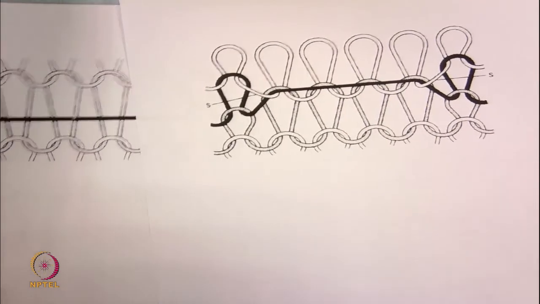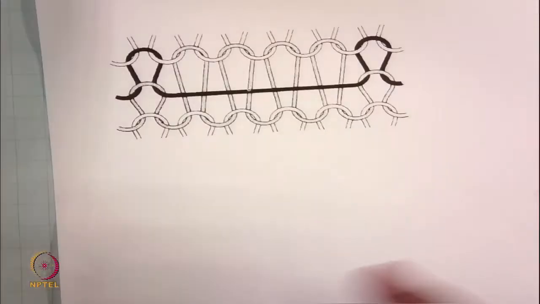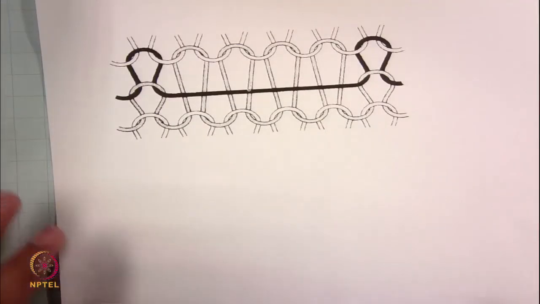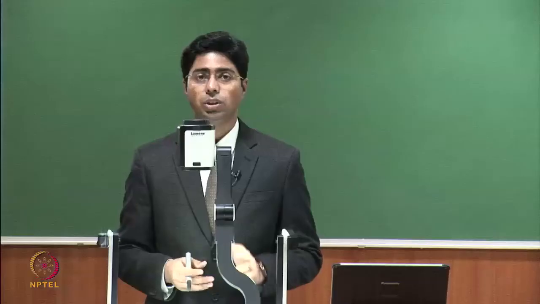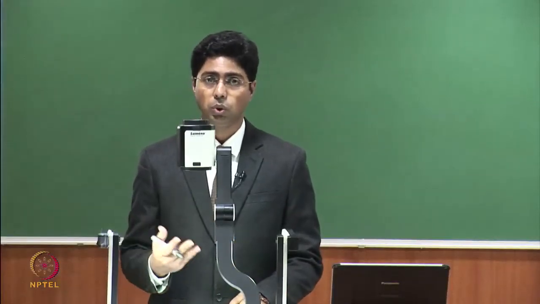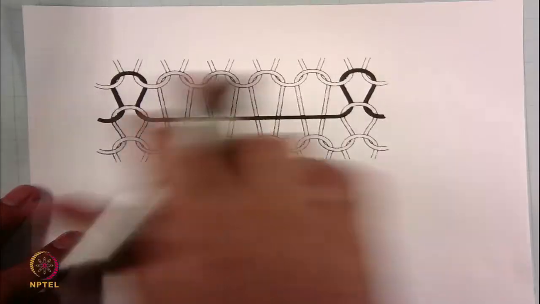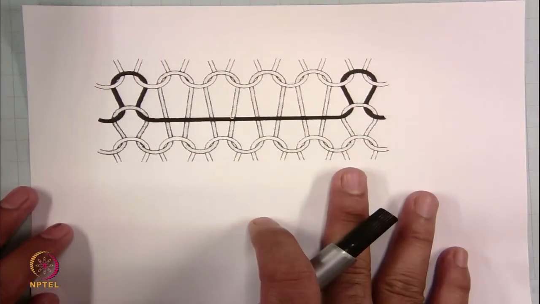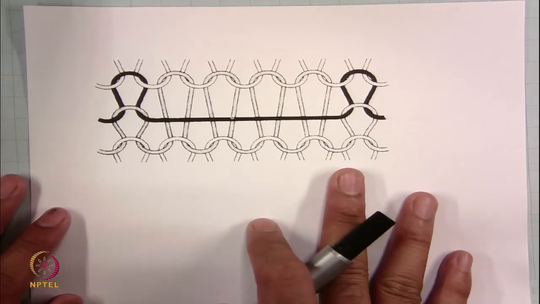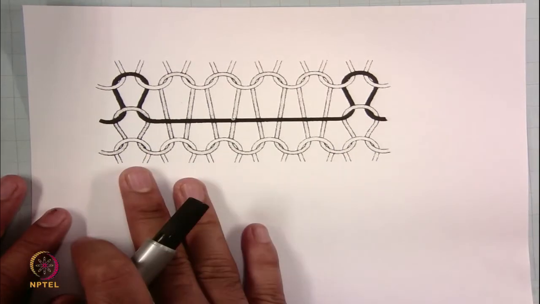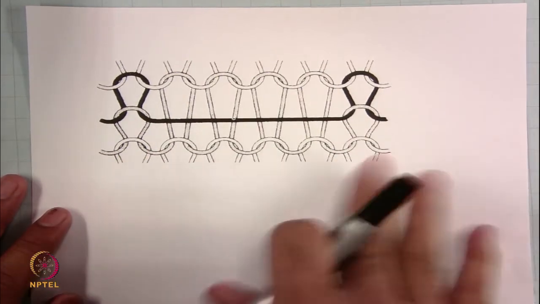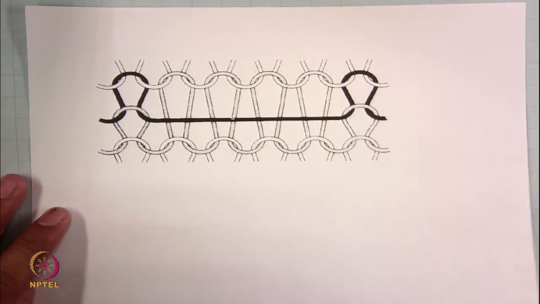In the last lecture you have seen two examples where just one float was created by a needle. In some fabric structures the number of needles making floats may be more than 1, 2, 3. For example, here in this fabric structure 4 floats are being made by 4 needles. Now, we are going to understand which those 4 needles are and how they are making floats. So, let us start with this.